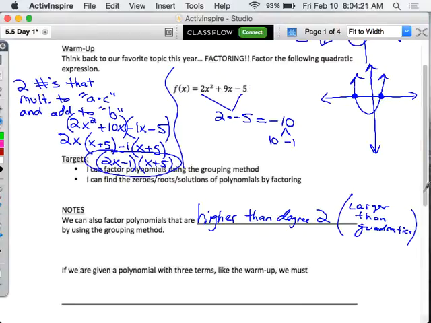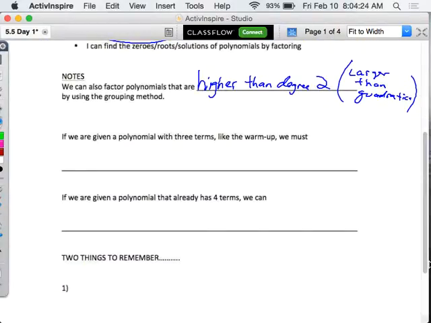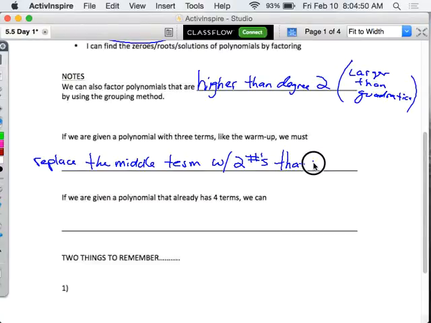If we're given a polynomial with 3 terms, then we must replace the middle term with 2 numbers that multiply to a times c and add to b.